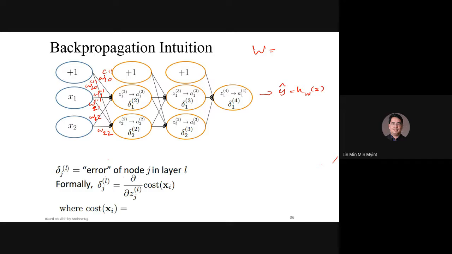Then we also know our desired Y, and then we can calculate this error based on the function.